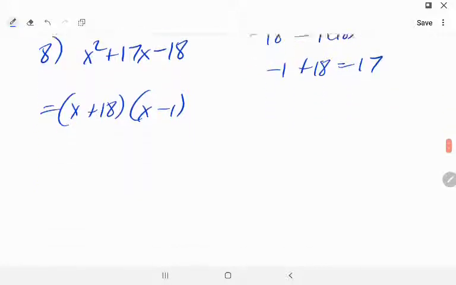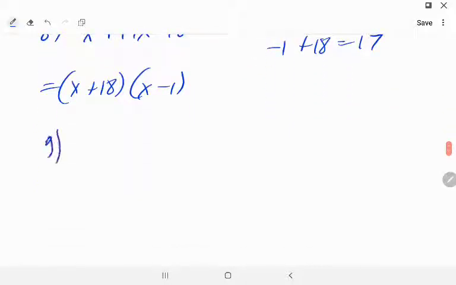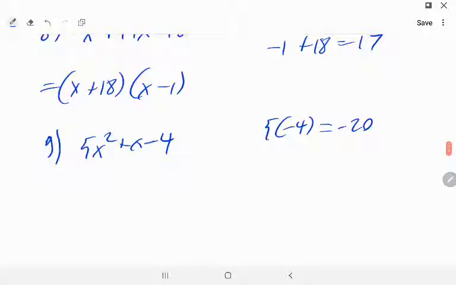Number 9, we have to work a little harder, because now we have 5x squared plus x minus 4. So we look at 5 times negative 4, which is negative 20. We need factors of negative 20 that add up to positive 1, but that's easy enough. 5 plus negative 4 is positive 1.